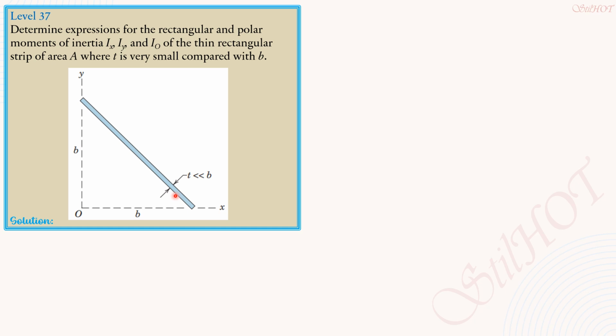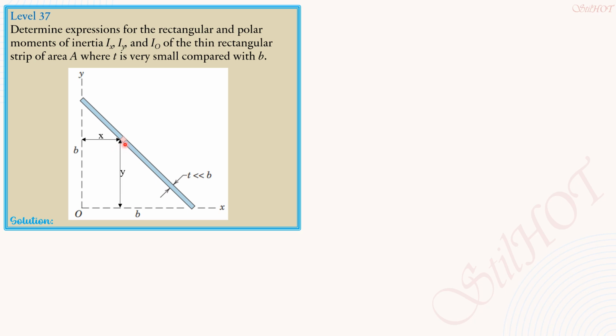For our differential element dA, the distance from the x-axis is y, from the y-axis is x, and because this is b and b, the orientation of Ix will be the same as Iy. So we conclude that Ix equals Iy.